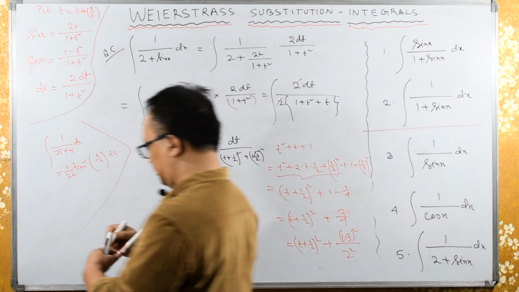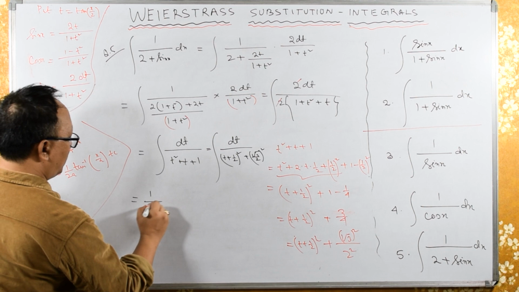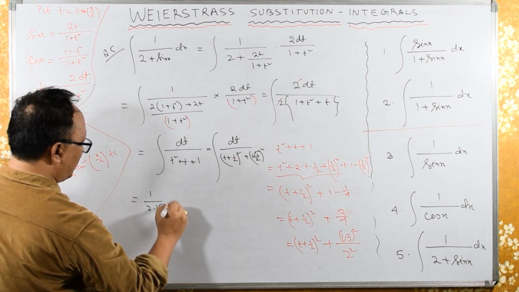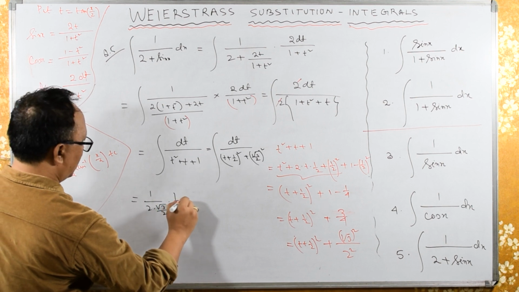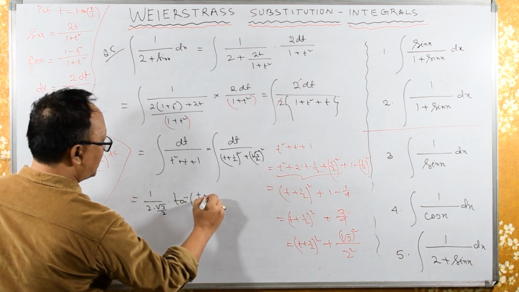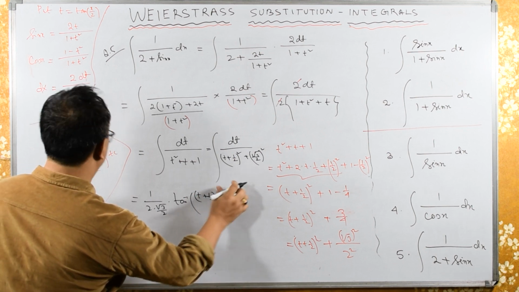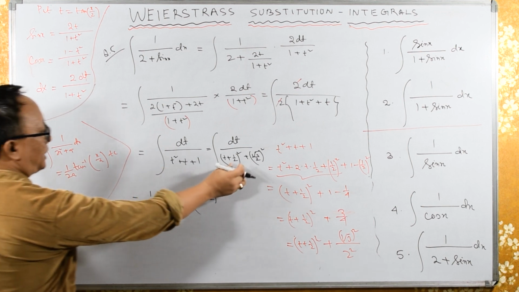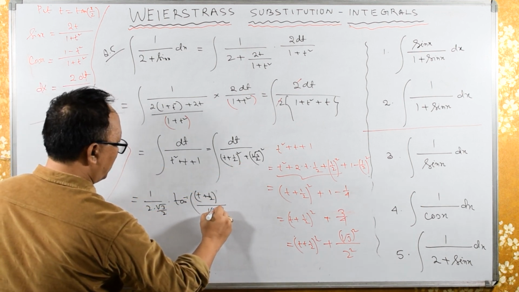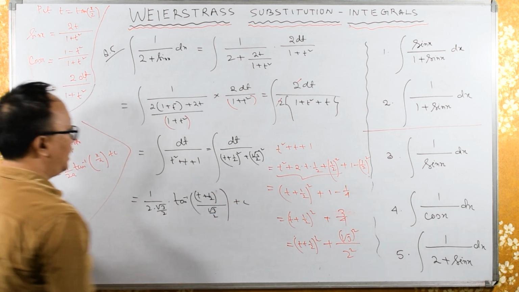Applying over here, what we will get is 1 by a, where a is root 3 upon 2, into tan inverse of x, which here is t plus half, upon a, which is root 3 upon 2, plus c. Remember, what is t?